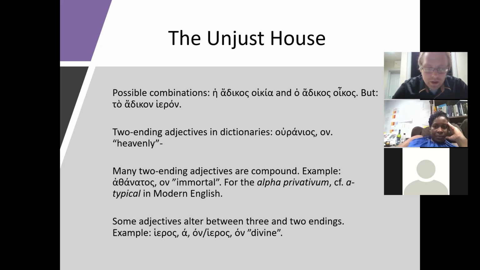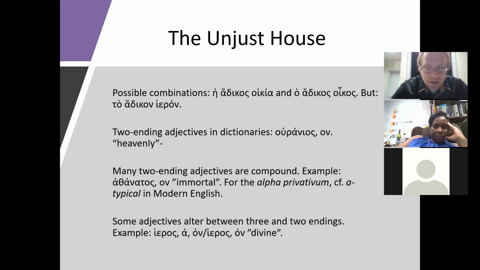In other words, he adikos oikia and ho adikos oikos are both possible forms. But on the other hand, if we speak of an unjust temple, we should say to adikon hieron, since hieron is a neuter noun.